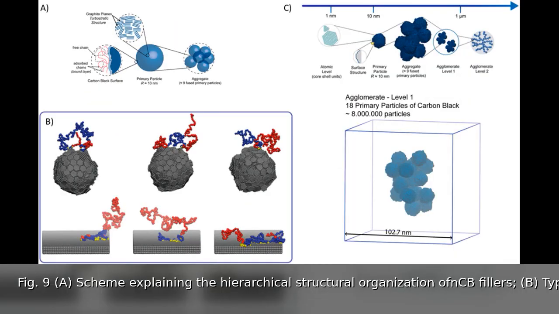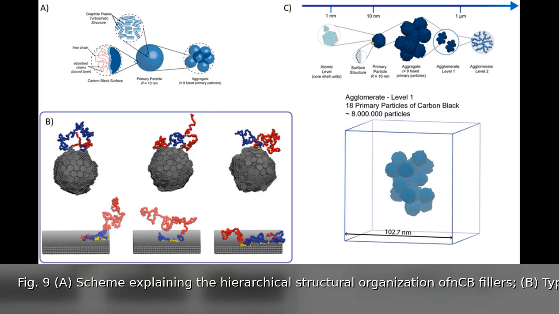Figure 9 focuses on modeling the hierarchical structural organization of carbon black, CB, fillers and their interaction with polymer chains. Panel A schematizes the multiscale organization of CB aggregates, starting from atomic or molecular scales, approximately 1 nanometer or less, characterized by adsorption sites on the CB surface, to microcrystallites arranged in spherical primary particles of about 10 nanometers radius.